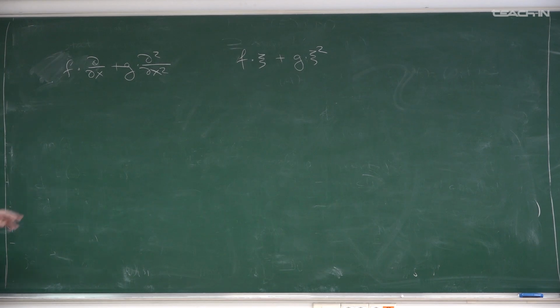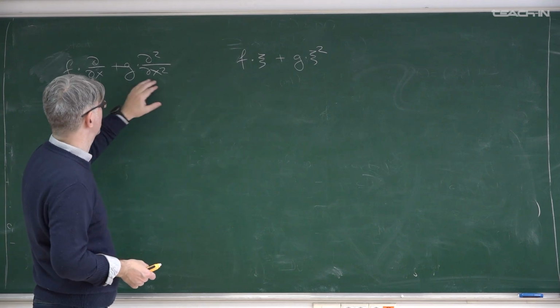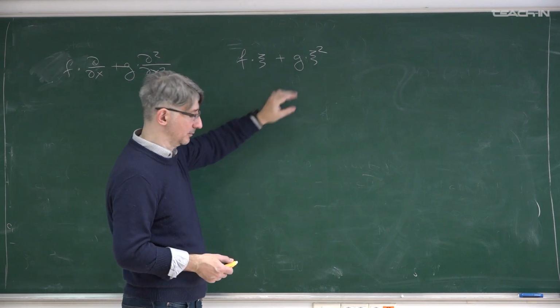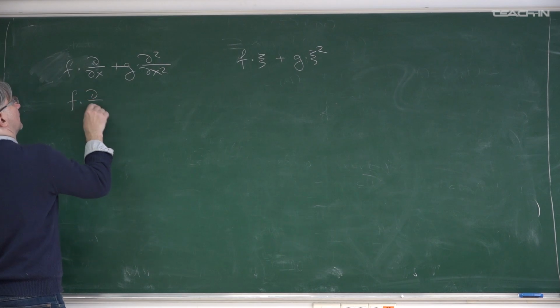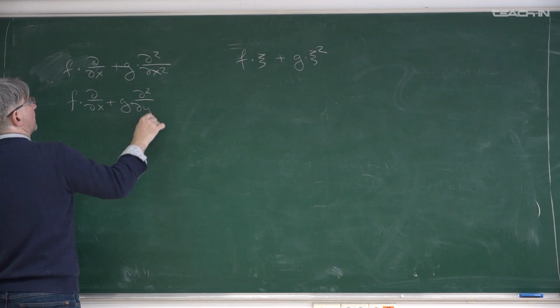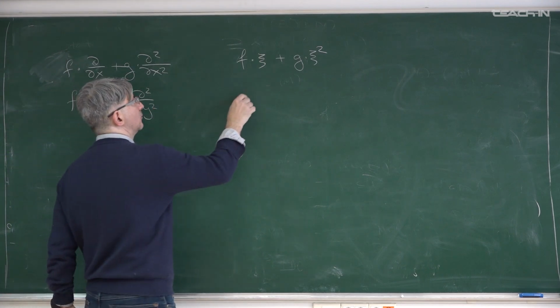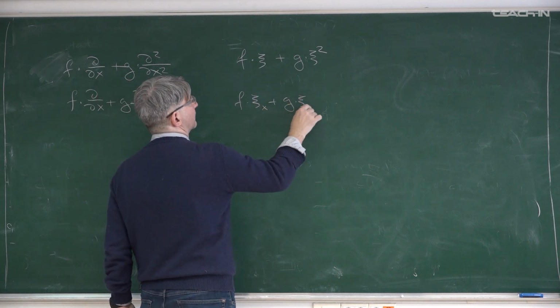So in local charts, it will look like this. Instead of the differential operator, you put here some new variable. So if you have different variables, then you need to write different xi's.